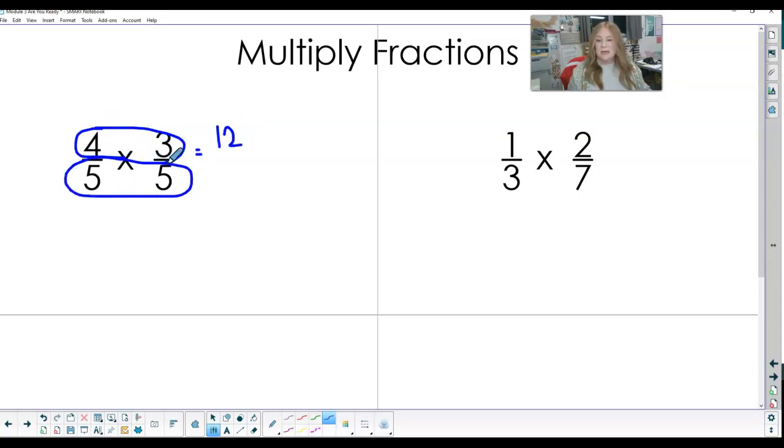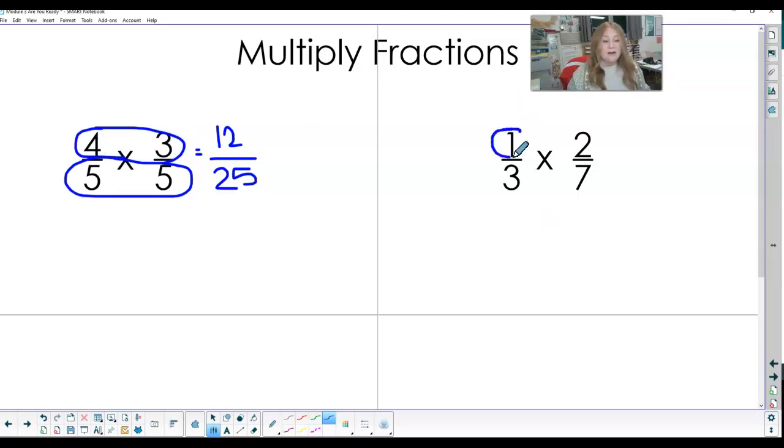I take my denominators. 5 times 5 is 25. So this turns into 12/25. Our answer is actually getting smaller because we're taking a fraction and taking another part of that fraction.